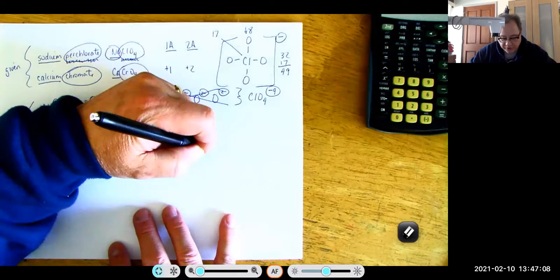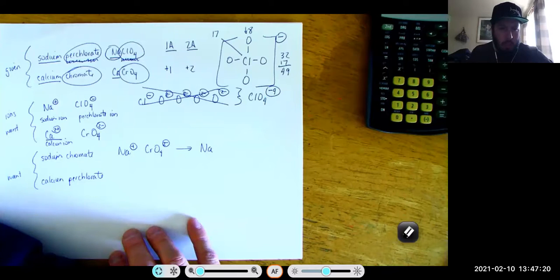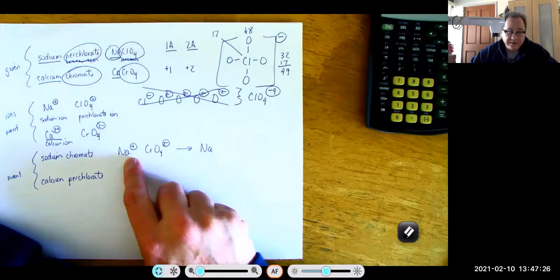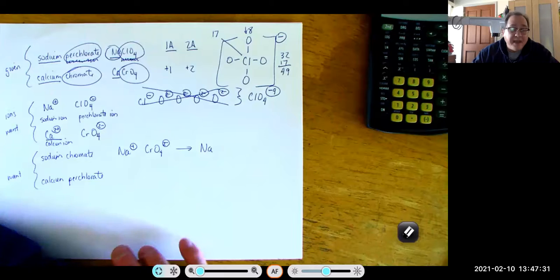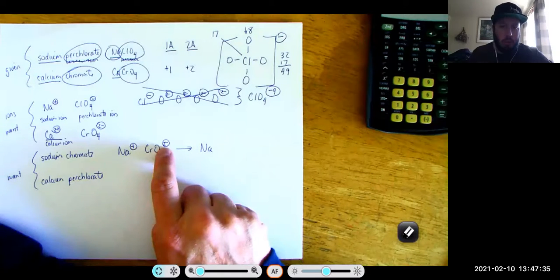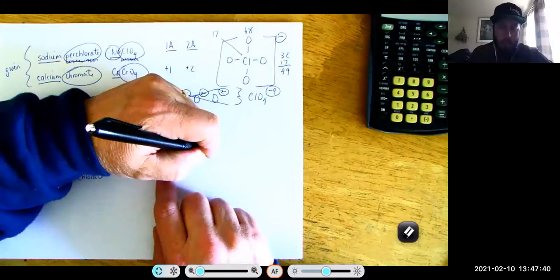So what do you mean by switch? You're switching charges. The charge becomes how many of the other. So I have a charge of 2 negative, so I'm going to have 2 sodiums. Yeah, okay.